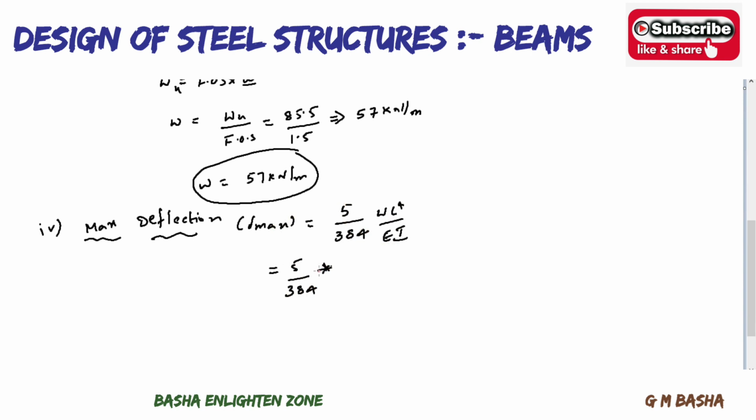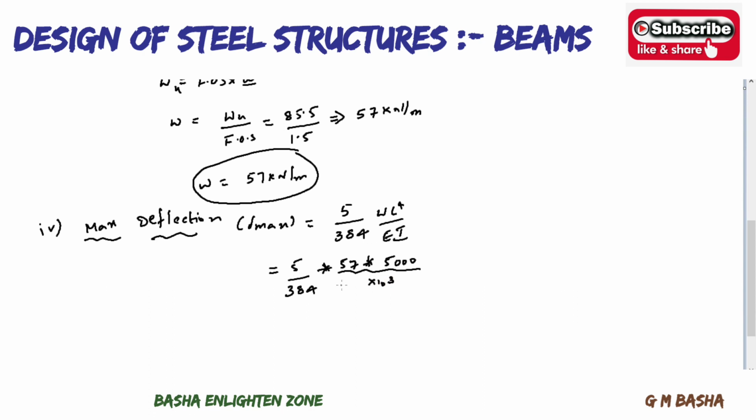What we found now is 57.7 kilonewton per meter, and the length of the span is 5 meters, which is 5000 in mm. Generally this 57.7 is in kilonewton per meter, so for obtaining kilonewton per mm, take it into 10 to the power of minus 3.